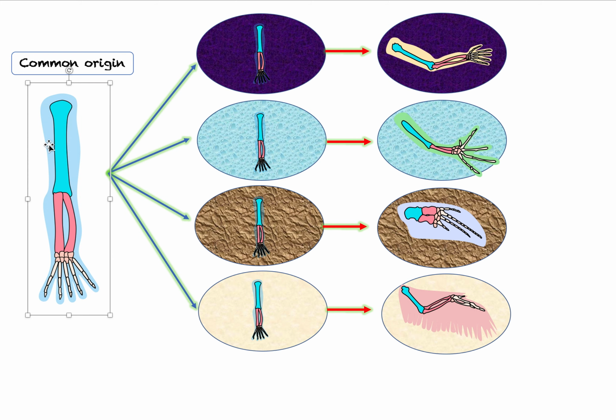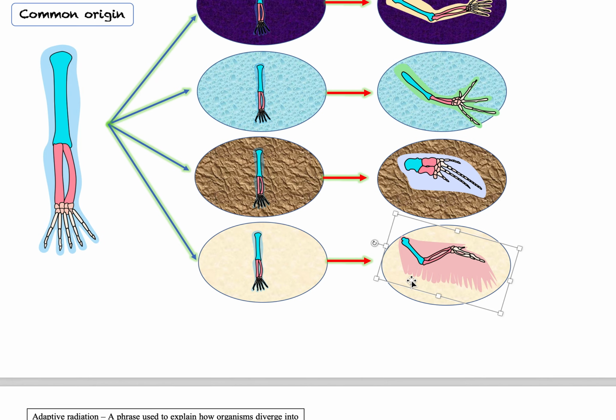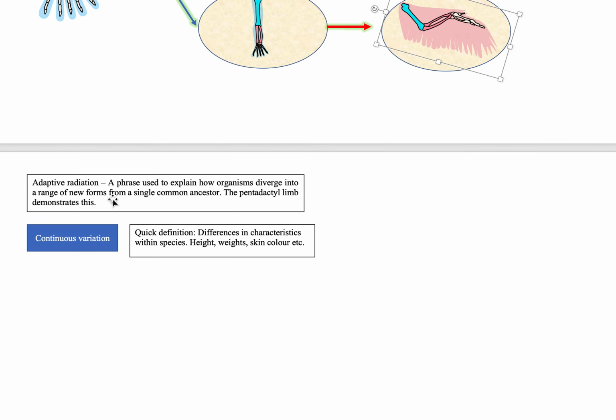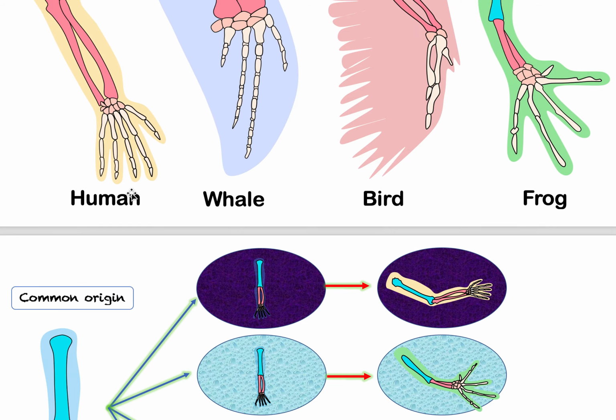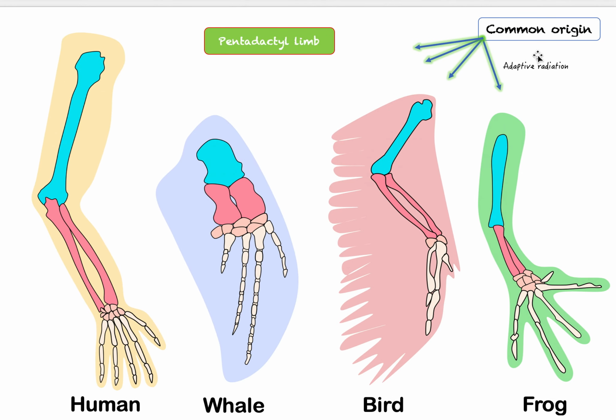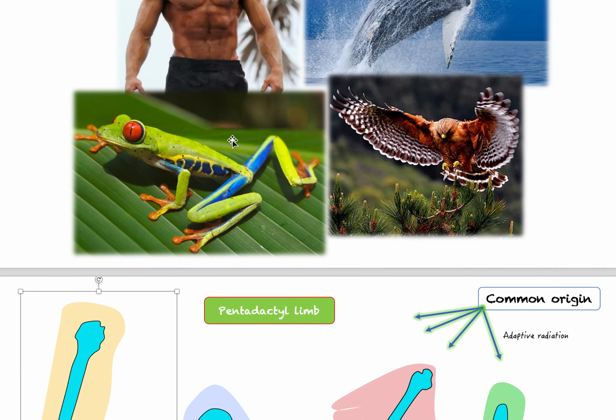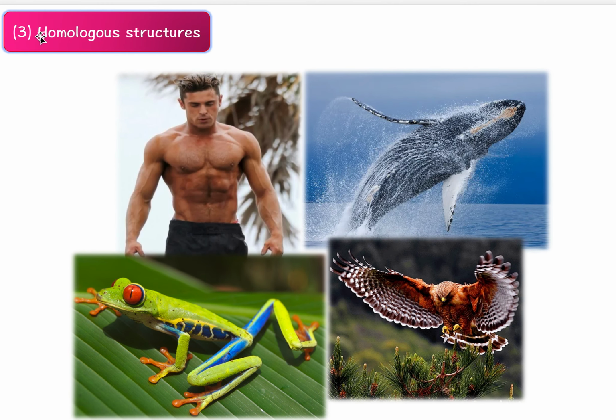And you can see over all this time, this morphed into different variations of limb. Another example of evolution: here's the definition of adaptive radiation. It's a word you need to know. It's the process of coming from this common origin and forming all these different limbs or structures due to the environment, okay?